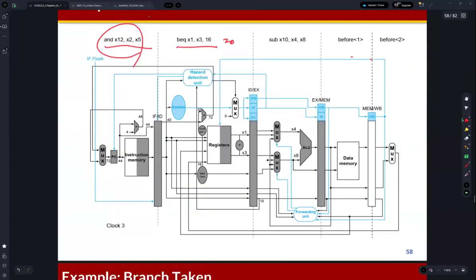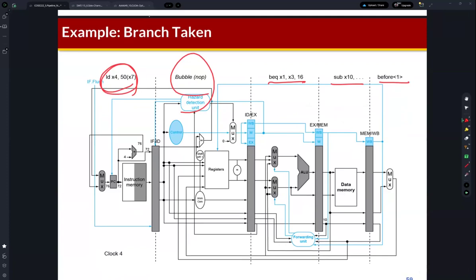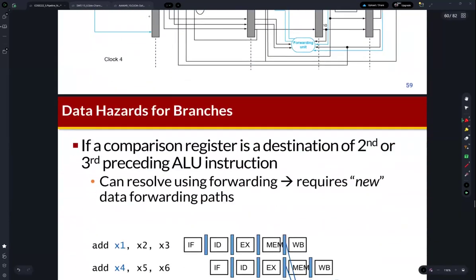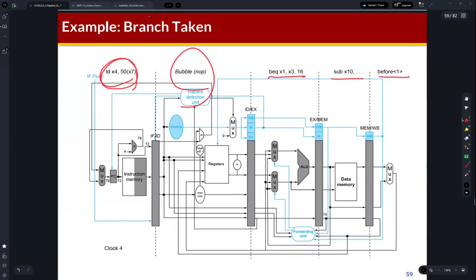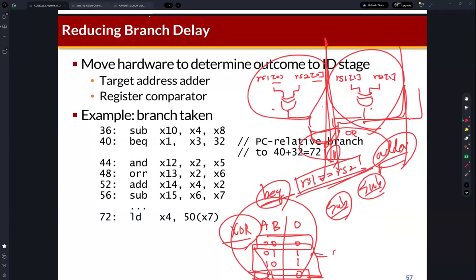But actually, I don't believe this is a good approach.